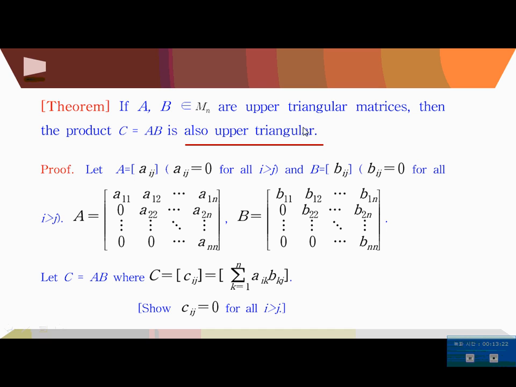The proof for the upper triangular matrices. If A and B are upper triangular matrices, then the product is also upper triangular. So if A and B are given like this, then C can be written in this way. All we have to show is that c_ij is equal to 0 for all i bigger than j, so the subdiagonal entries are all zeros.